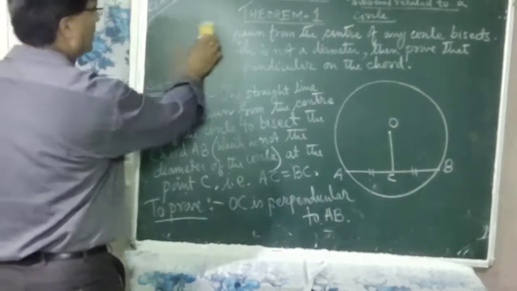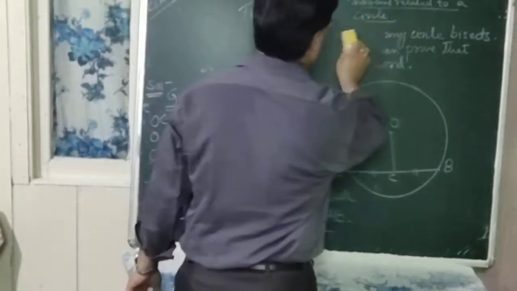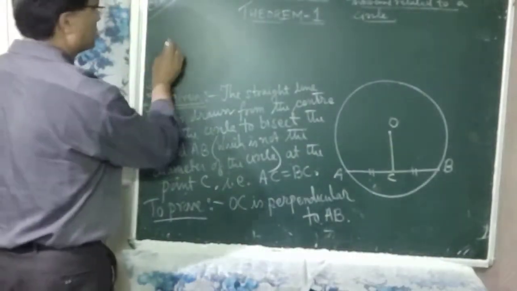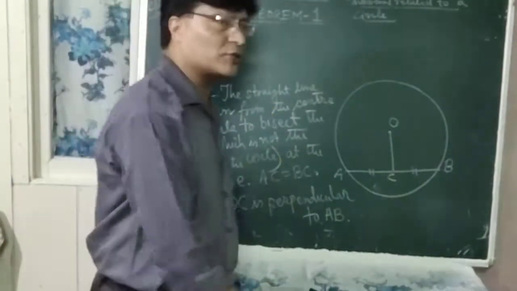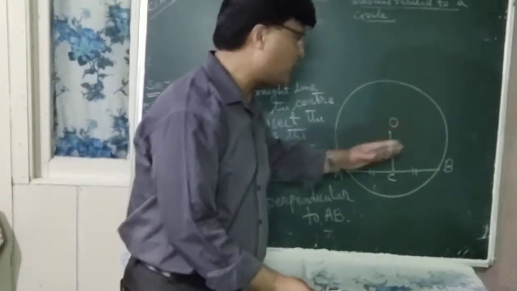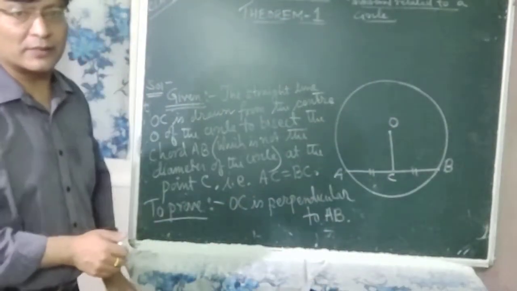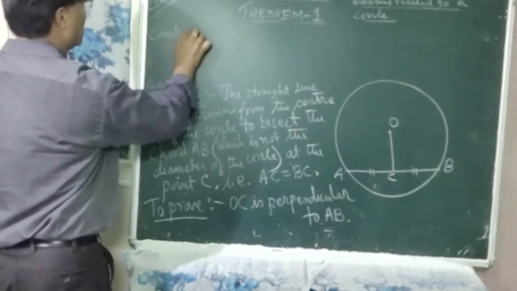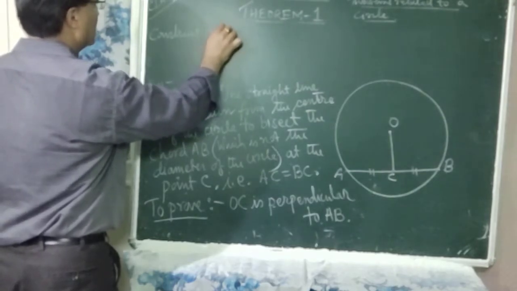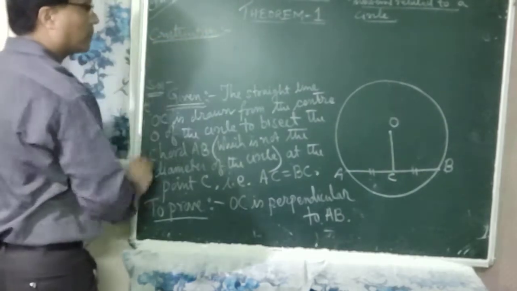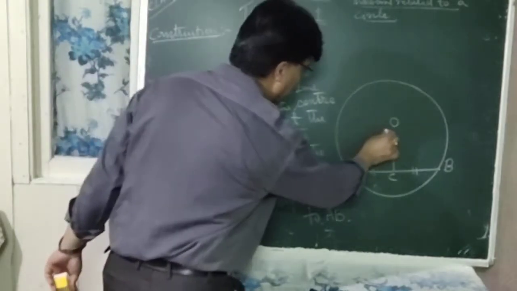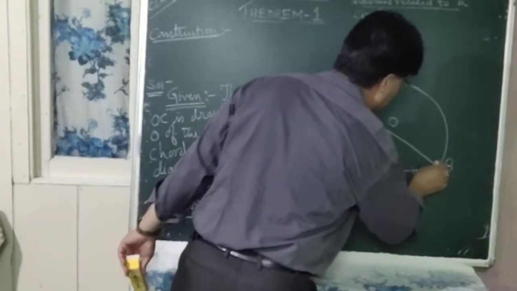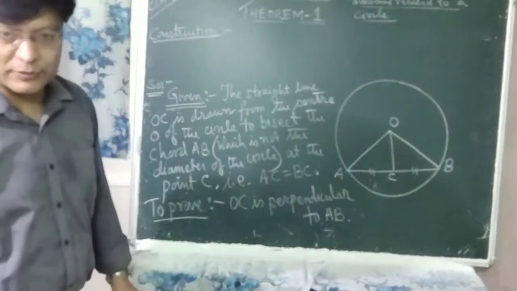So now construction. So you have to do the construction out here. You have to draw some, again, some figure here, right? So construction is, you have to join O and A and you have to join O and B to prove OC is perpendicular to AB.